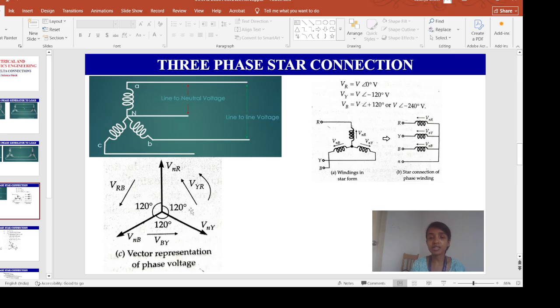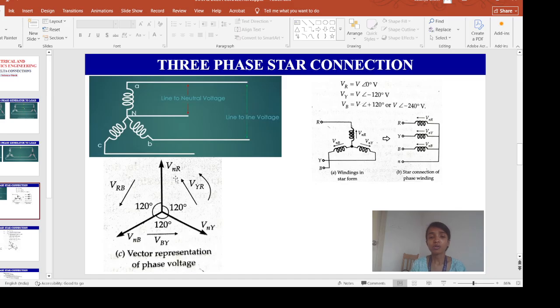If we represent it in terms of vectors, this is VNR, VNY, this is VNB. These three black arrows that you are observing are my line to neutral voltages or phase voltages. The phase difference between them is 120 degrees, 120 degrees, 120 degrees. Now we rotate anti-clockwise, because we have already seen in our previous lecture how to represent a phasor.